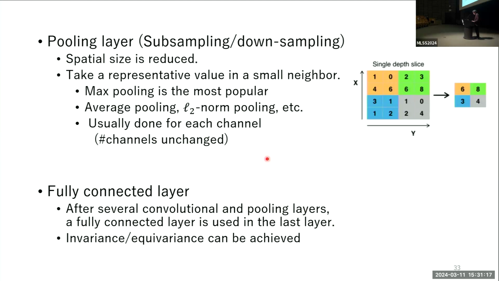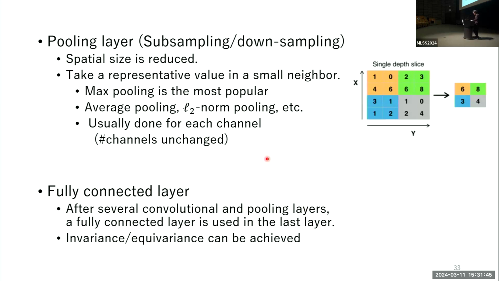And at the final stage of the convolutional layers, people apply the fully connected layer. This is just a standard fully connected multi-layer perceptron, and the whole model is trained to acquire the invariance or equivariance hidden in the data.